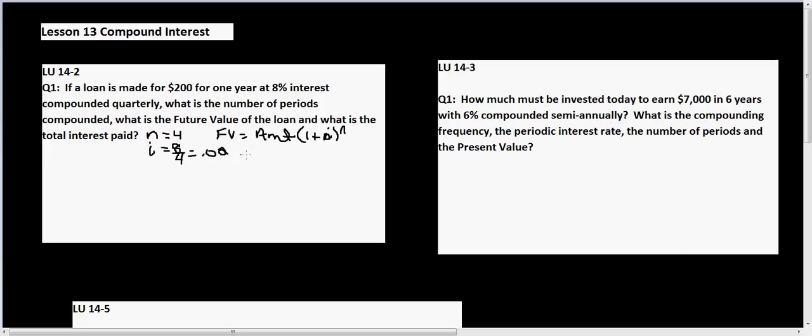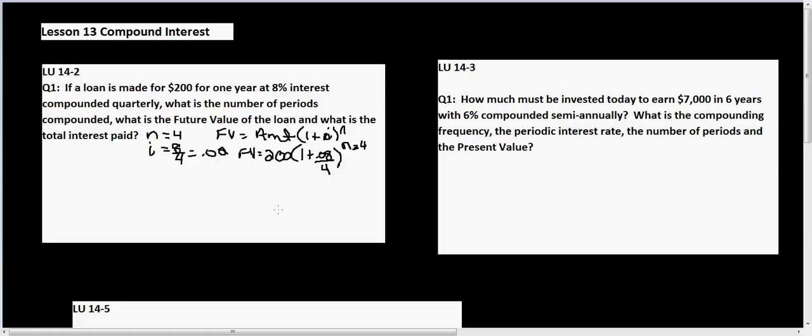So our formula becomes future value equals the face value amount of 200 times 1 plus the interest, 0.08, divided by n, the number of periods, to the power of the time up here, which is 4.